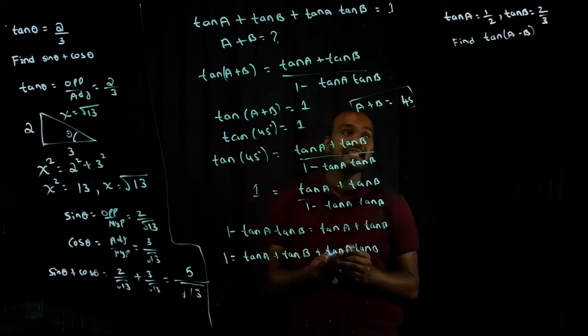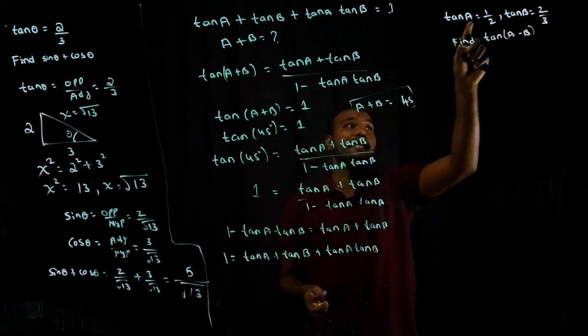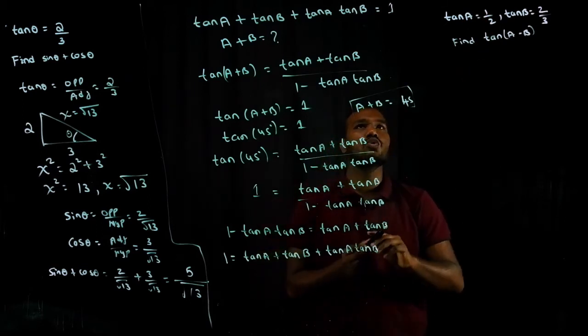What is the next question given as? Tan A is 1 by 2, tan B is 2 by 3.